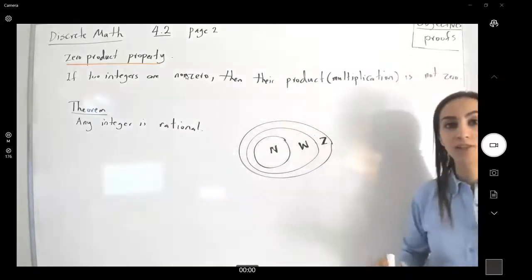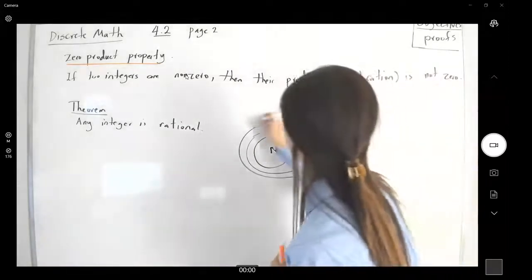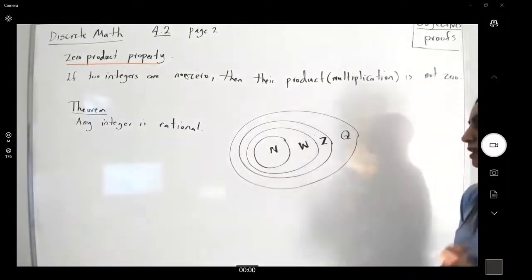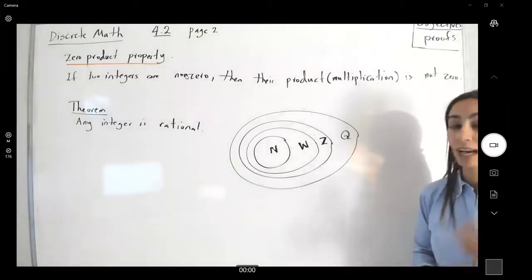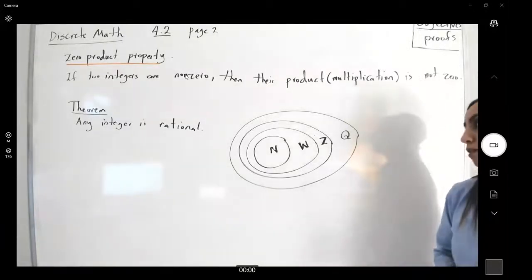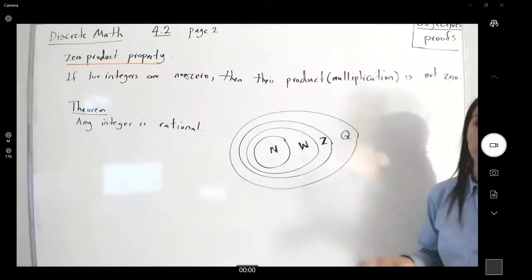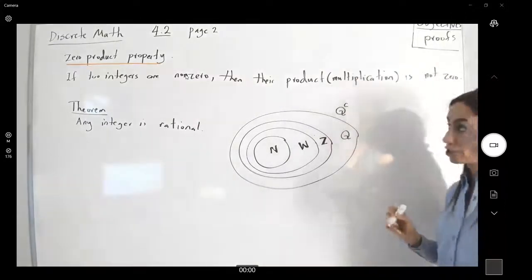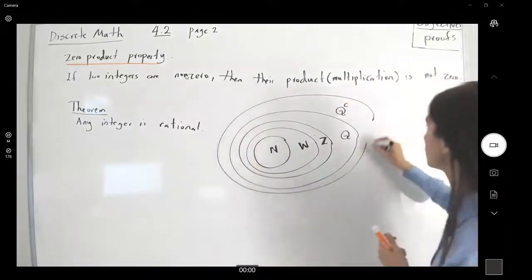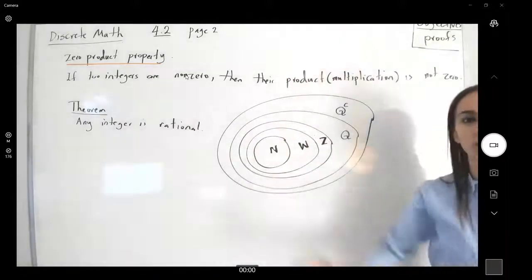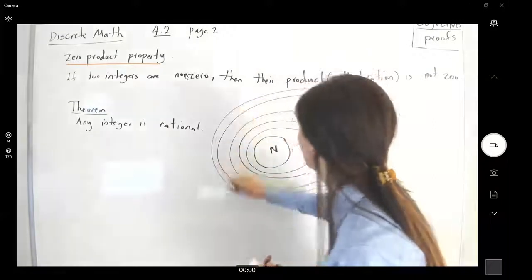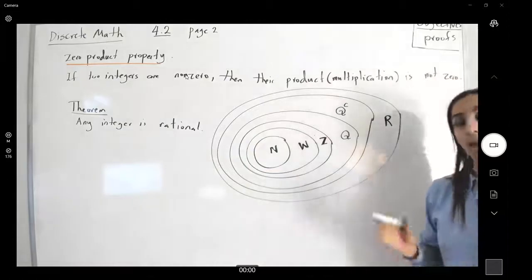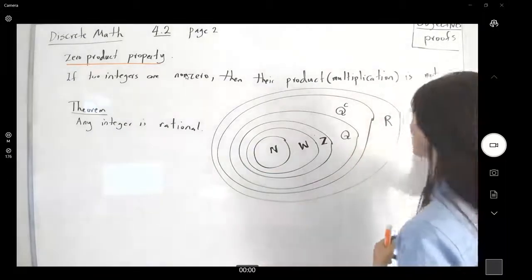We expand integers, since we don't have fractions, into rationals, Q. And then we say that we have some numbers that are not rationals, like square root of 2, pi, square root of 5, and we define the complement of rationals as irrationals. All of these are included in a larger set that we call reals. And reals are a subset of complex numbers.